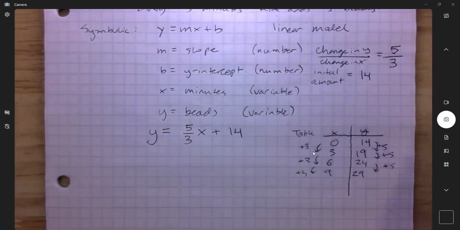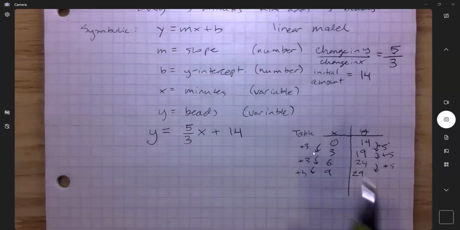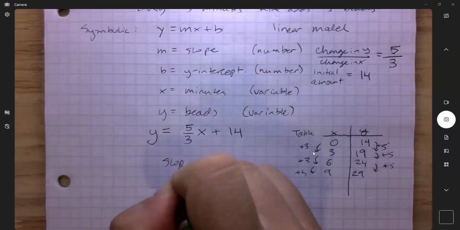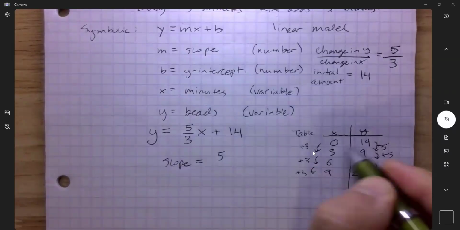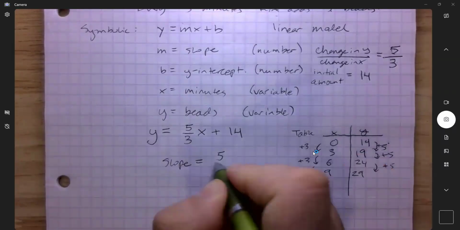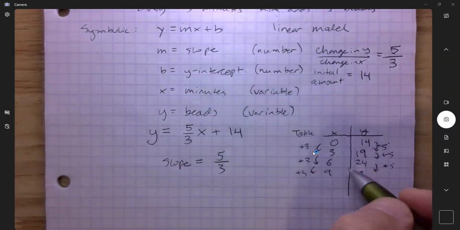Okay. Nevertheless, we can still find the slope, because the slope is the change in the y divided by the change in the x. The slope is still 5. We've gone up 5 in the y every time we go up 3 in the x. So you can still pull the slope out very easily from the table.